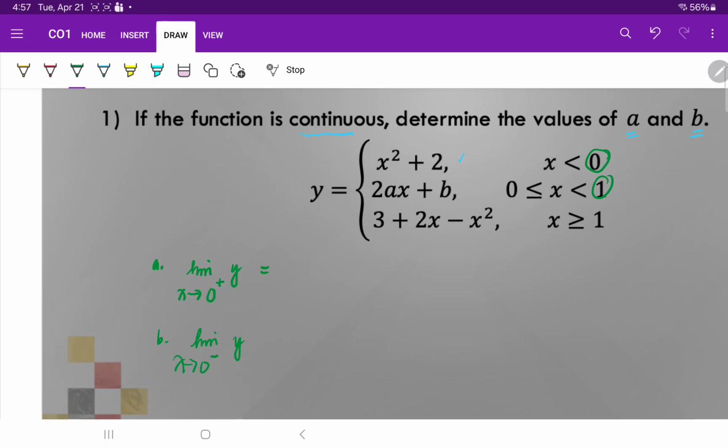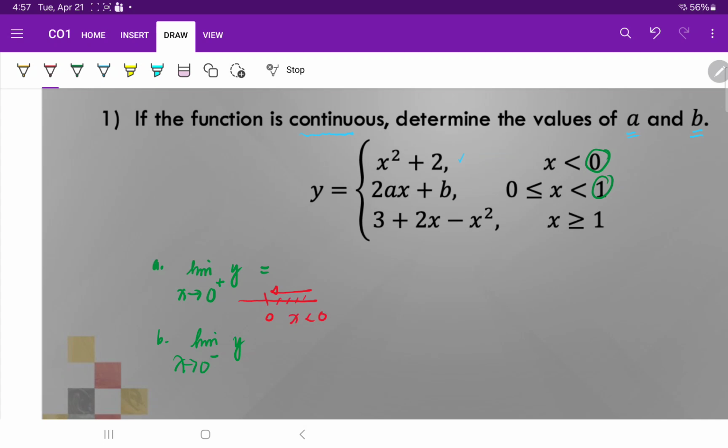If you'll be coming from the right of 0, which rule of association will you use? Hold on, let's use a different color. You'll be coming from the right of 0. So if this is 0, coming from the right, this is the region which is x less than 0.